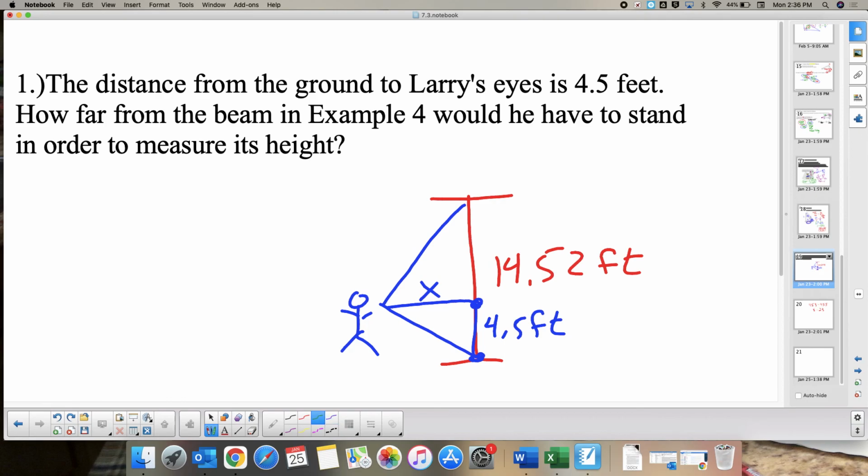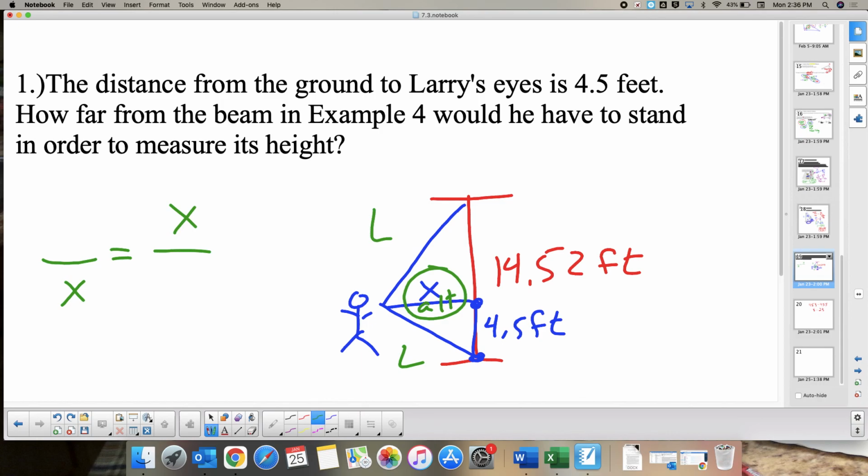So they want to know our x. Once again, label. We have leg, altitude. Which one do we have to work with? In this case, it is your altitude. Whether it's a number or a letter does not matter. The altitude goes in twice, and then it is the 2 pieces of our hypotenuse. So the bottom piece was 4.5. The whole thing was 14.52.